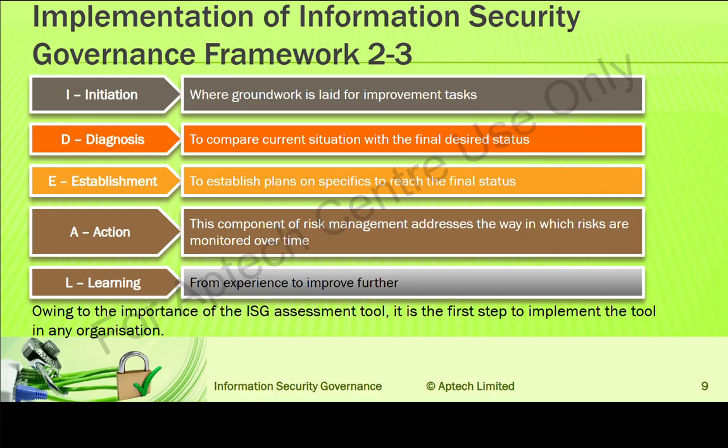Number four is action, the component of risk management addressing the way in which risks are monitored over time, continuous monitoring after being established. We also have learning from experience to improve further. Owing to the importance of the ISG assessment tool, it is the first step to implement the tools in any organization.